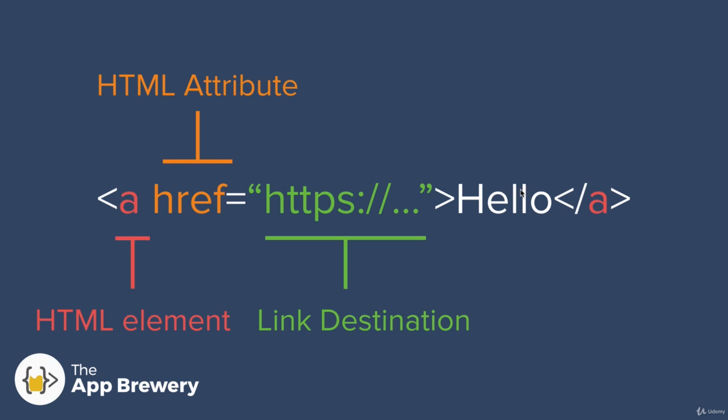And the anchor tag is not a self-closing tag, so it has a closing tag at the end. And between the open tag and the closing tag is our link text. So that's the bit of text that's going to be underlined and highlighted in blue so that the user knows that when they click on this word, this is going to take them to that link.